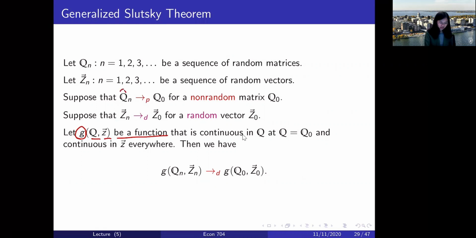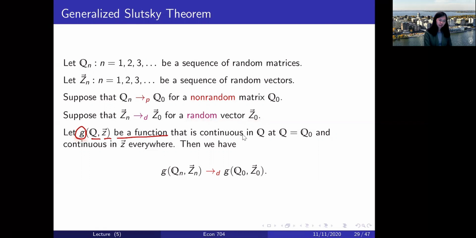Suppose that Qn converges in probability to Q0, where Q0 is a non-random matrix. And Zn vector converges in distribution to Z0 for a random vector Z0.